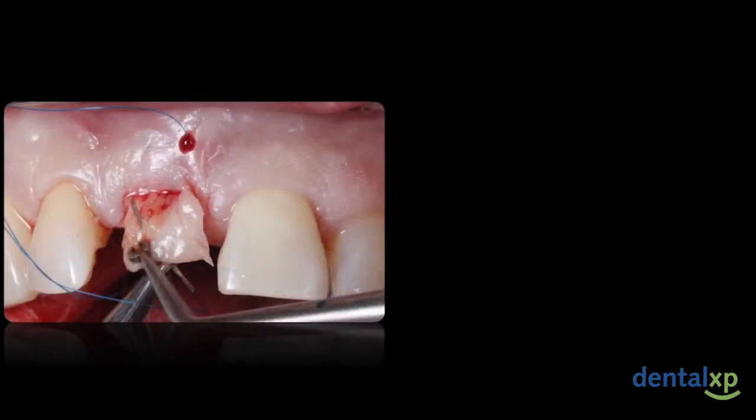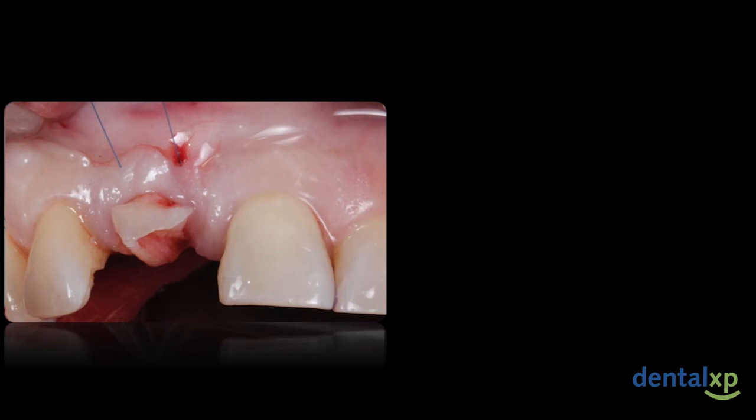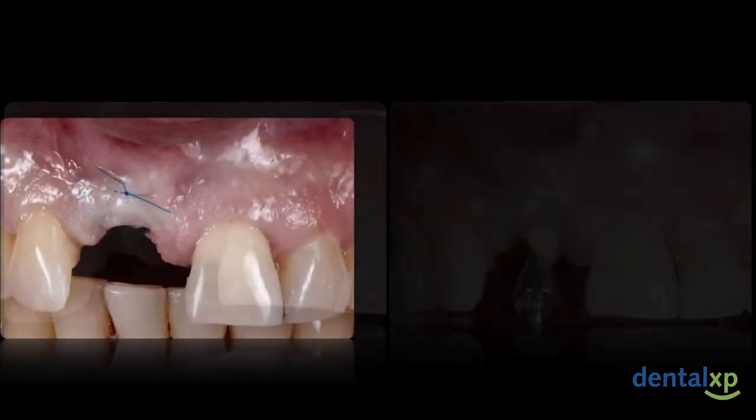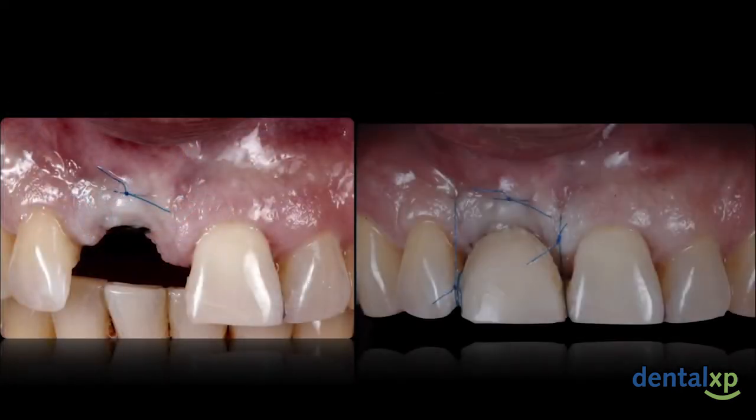So we could see that the graft was secured and doubled in thickness to compensate for any shrinkage that may occur, with the aid of a marionette type of suture, in addition to the healing abutment to further secure the graft in place. And this is the immediate post-op with two suspensory sutures that were performed on the papillae just to maintain that height of the soft tissue in the area, even though they were not involved in the tunnel preparation.